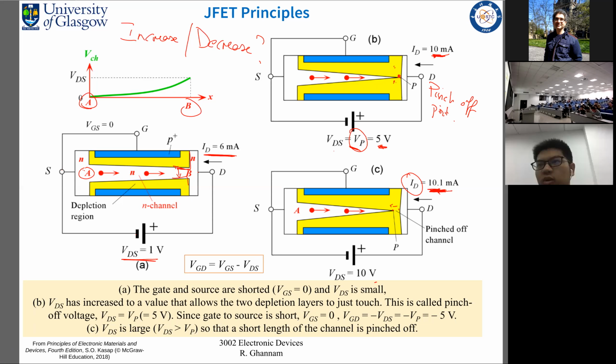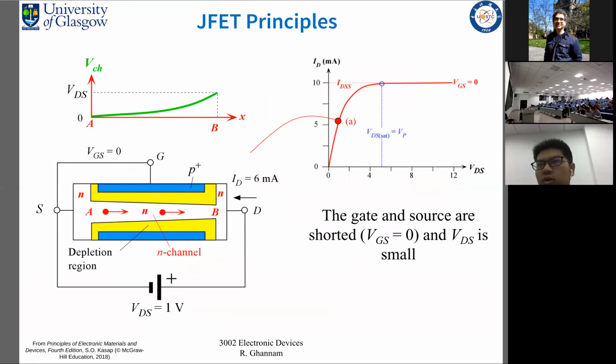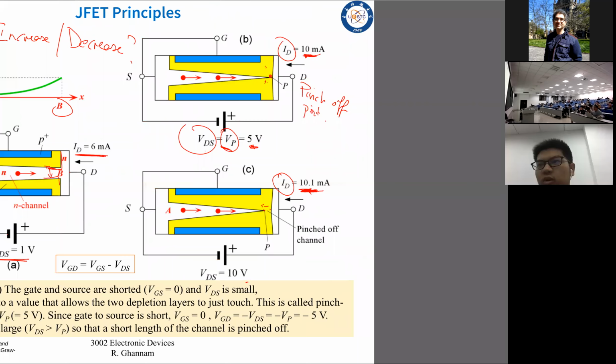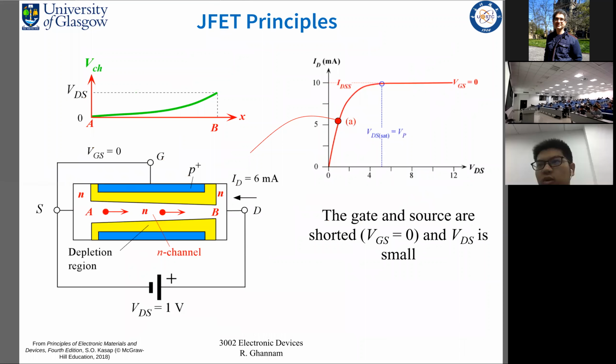So in actual fact, if we were now to plot the ID versus VDS curve for this particular JFET, this is the behavior that we would notice.